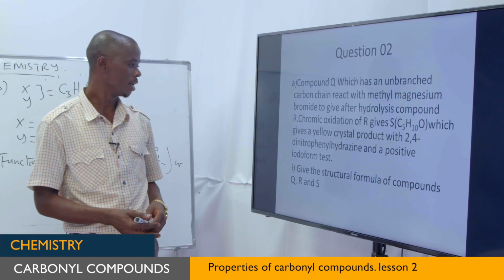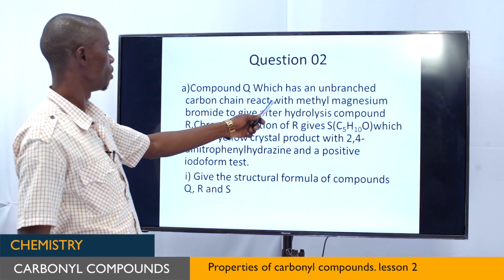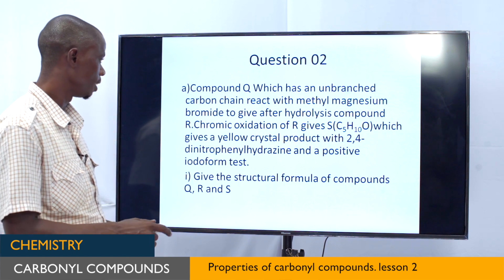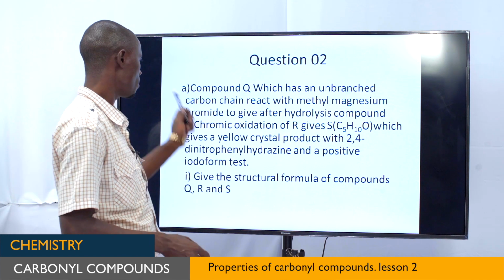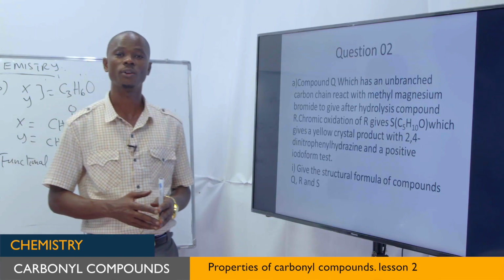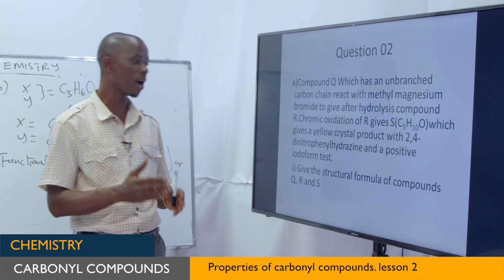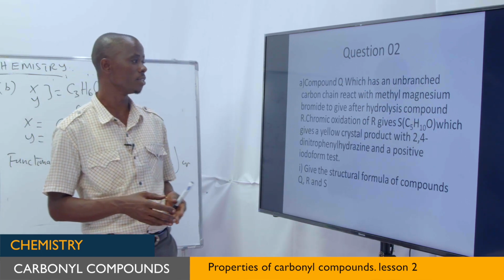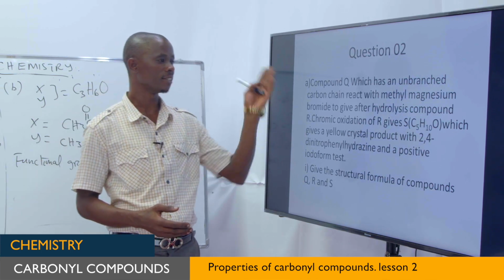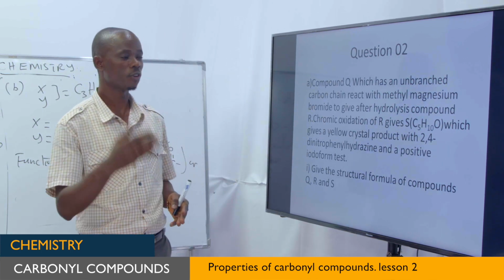I can guide you. Now, if compound Q has an unbranched carbon chain, that means there is no branch. It reacts with methyl magnesium bromide and hydrolysis. I'm sure that when you studied alcohols, one of the preparations of alcohol is the reaction between a carbonyl compound and a Grignard reagent followed by hydrolysis.